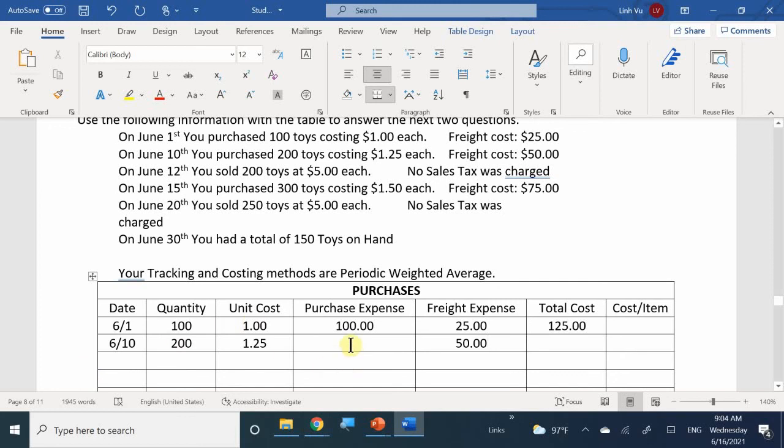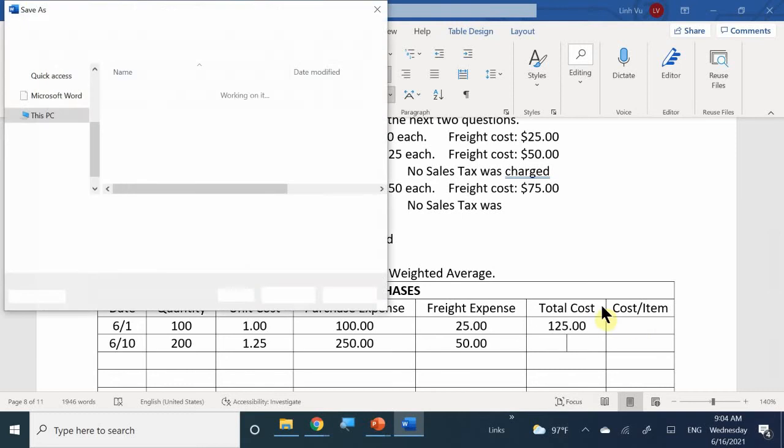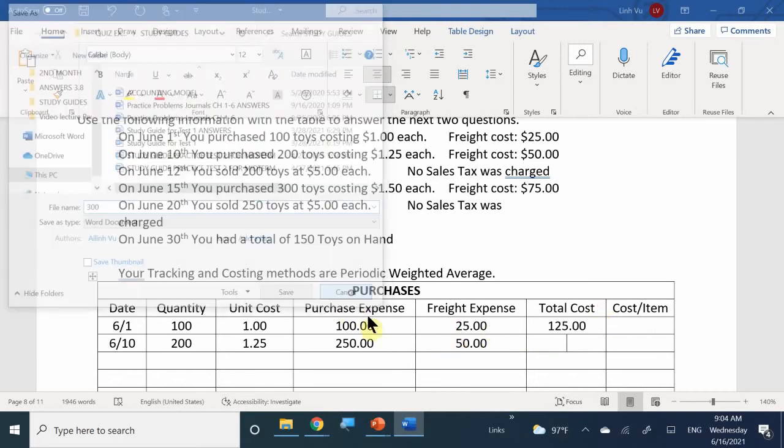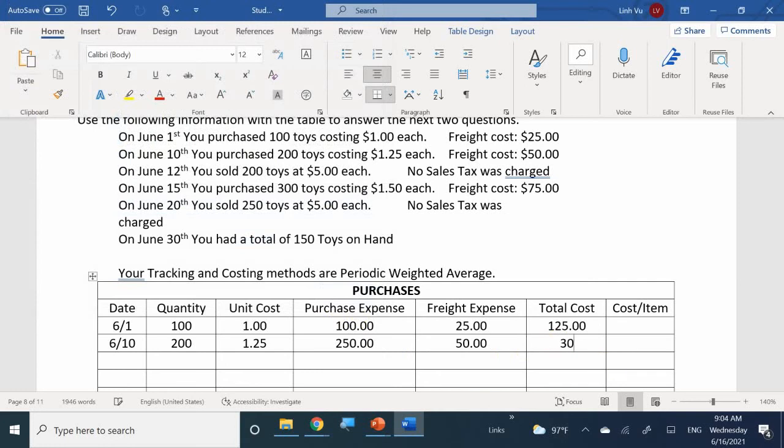So what is my total purchase price? 250 plus 50, 300. All right, good. 300, right? No need to do the cost per item.